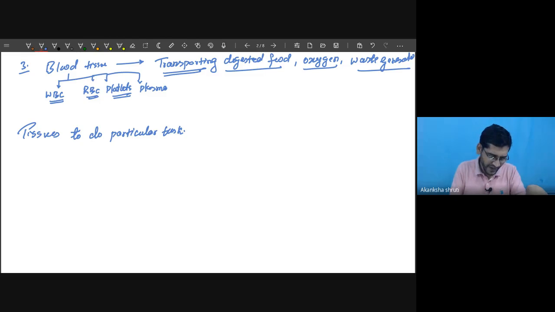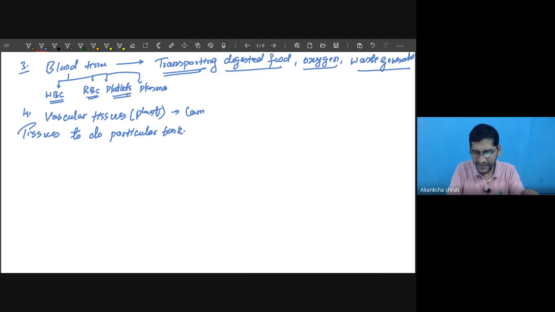We may also consider that in plants there are vascular tissues. These vascular tissues are in plants, not in animals. These are for carrying water and food.